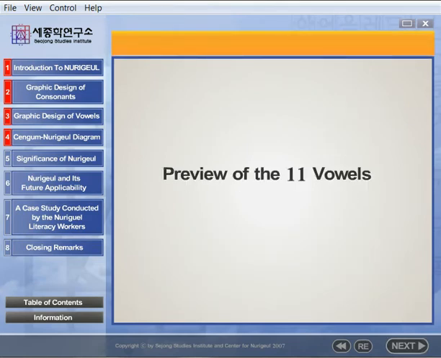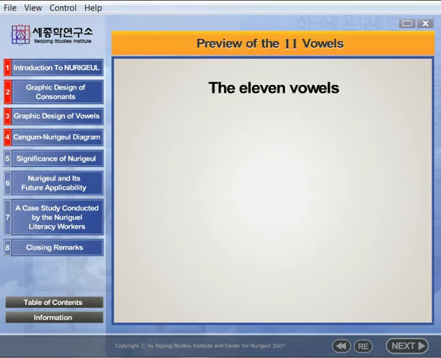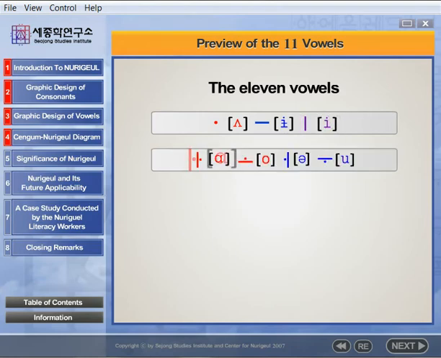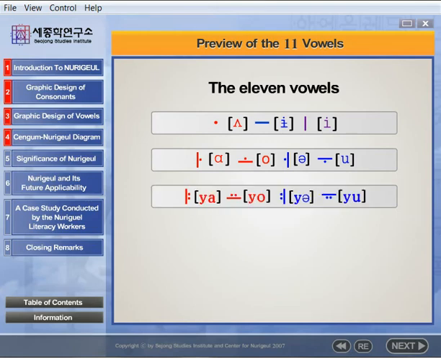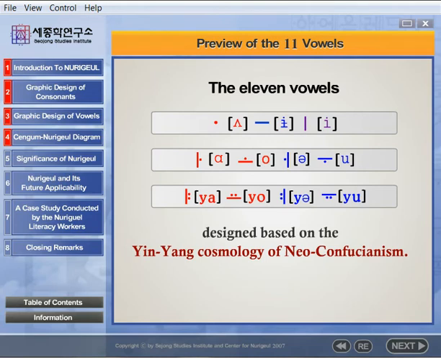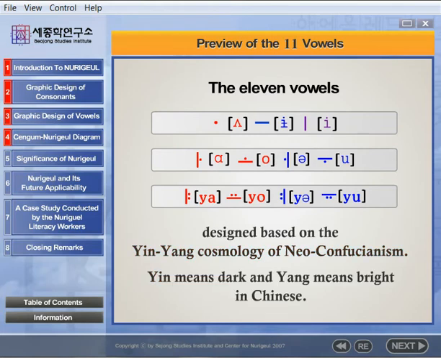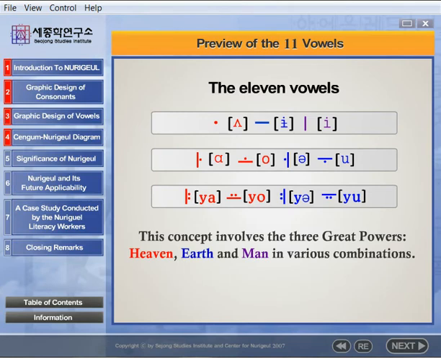Preview of the 11 vowels. The 11 vowels A, U, I, A, O, U, and Ya, Yo, Ya, Yu are designed based on the yin-yang cosmology of Neo-Confucianism. Yin means dark, and yang means bright in Chinese. This concept involves three great powers, heaven, earth, and man, in various combinations.